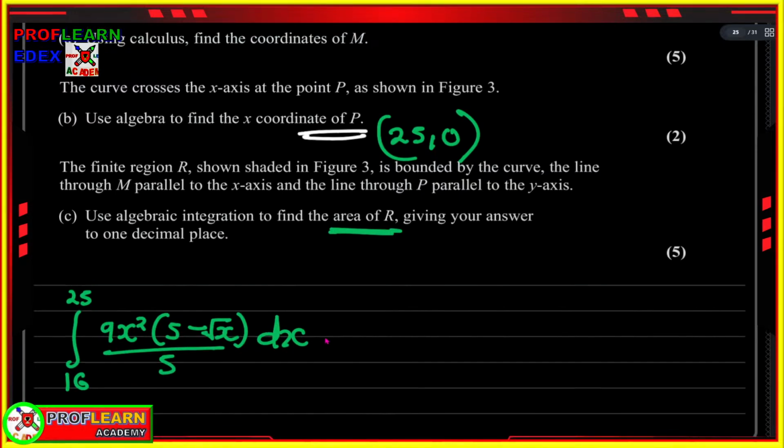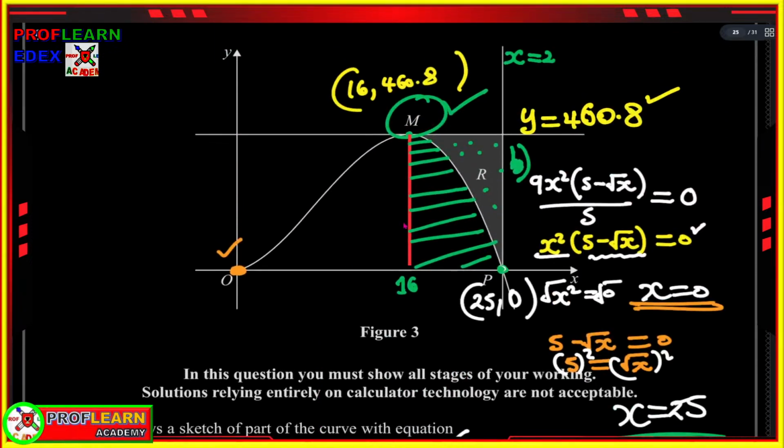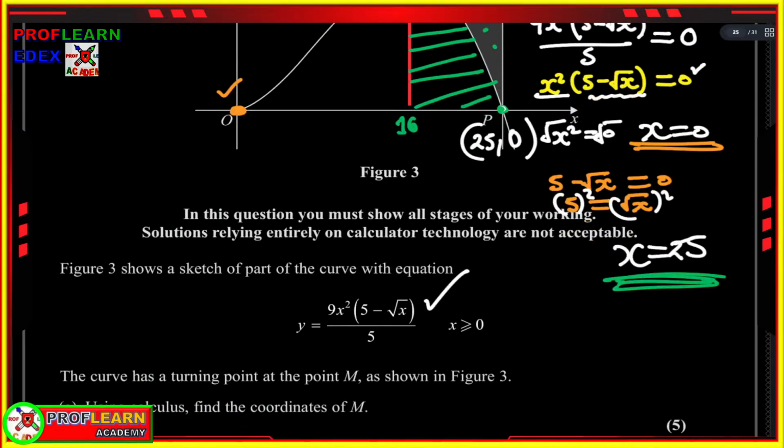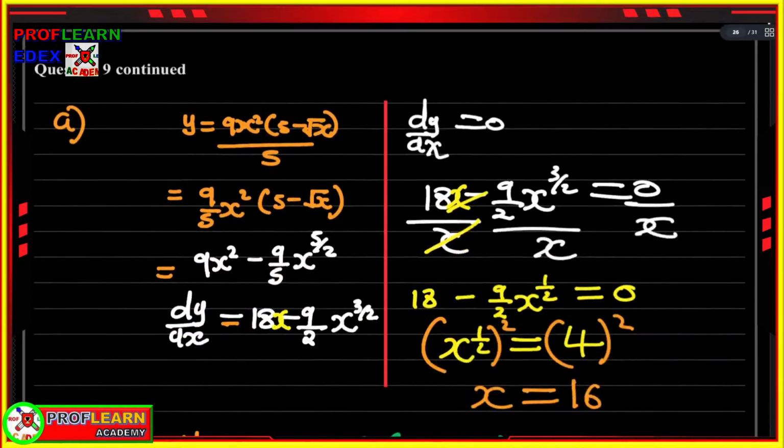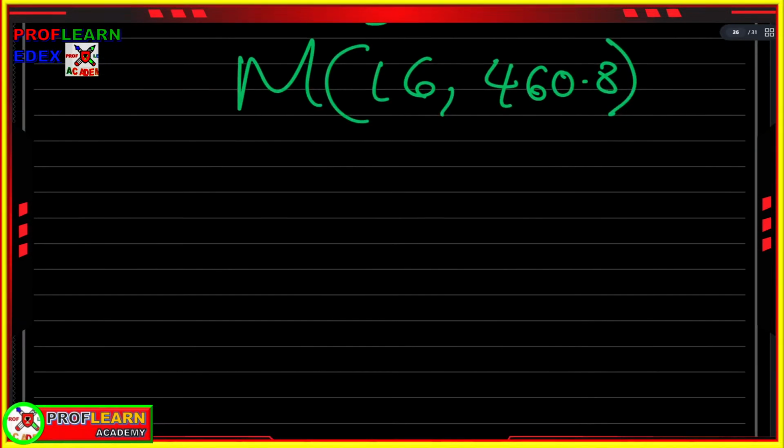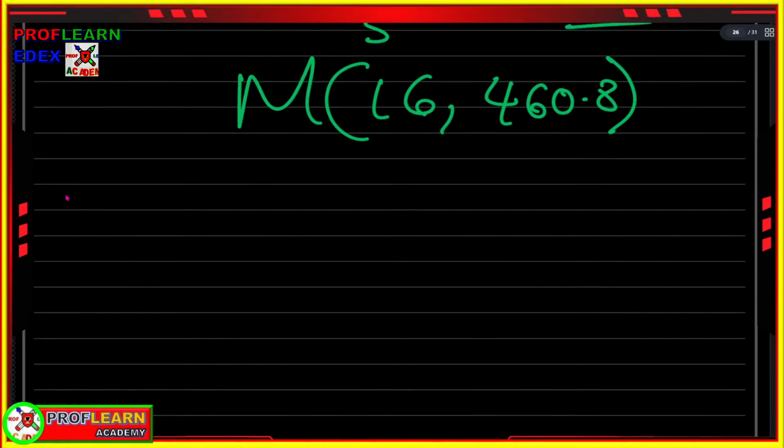If I do that integration, it's going to give me the area of this green part that I've identified at that given point. So let's do that integration, because already I've said that is part C. I'm going to integrate from 16 all the way to 25.